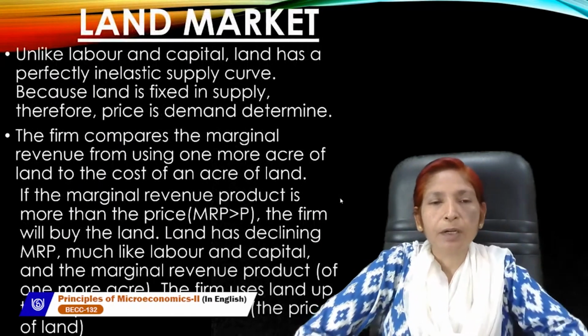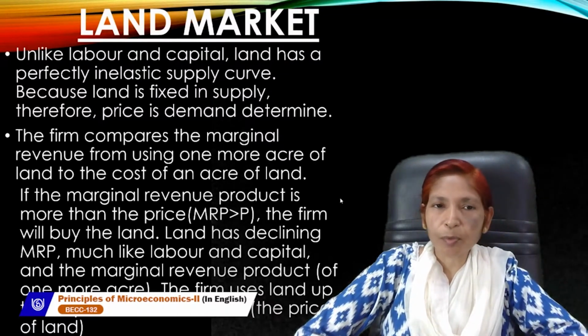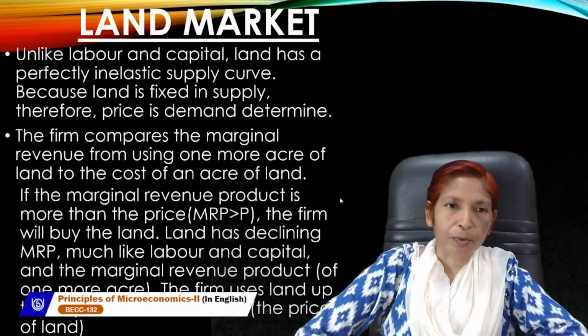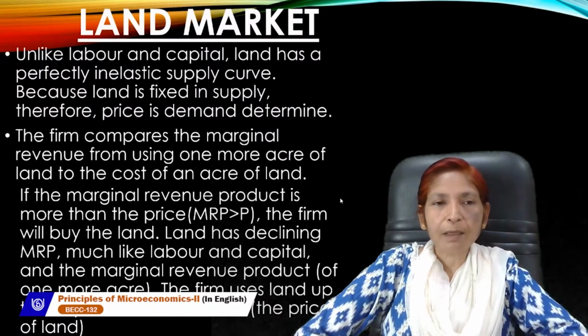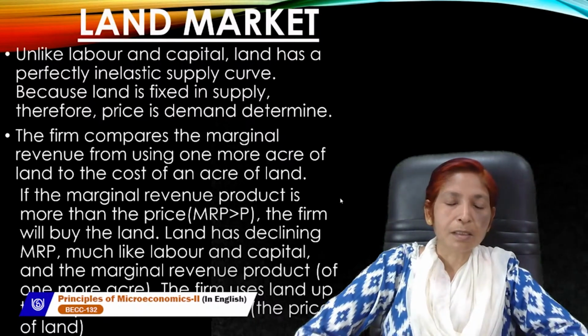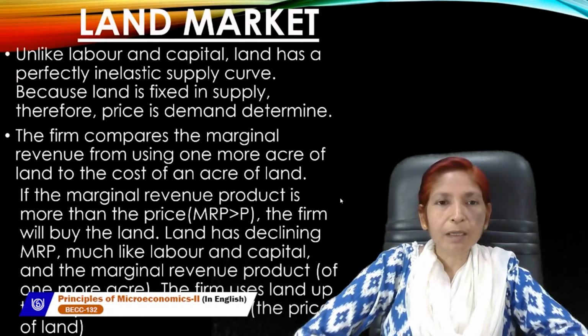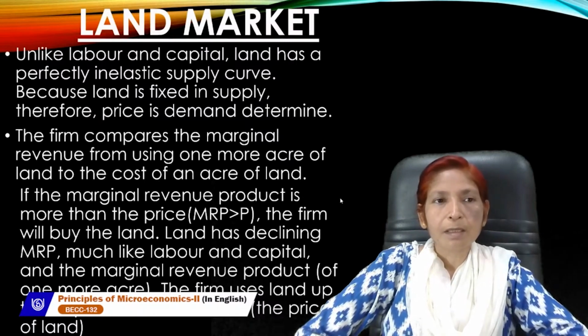We can individually determine the price of any factor of production. As we know, factors of production are four: land, labor, capital, and entrepreneur. Here we are determining the total factors of production price, but we can determine the factor price individually because, like the land market, the labor market is also available in our economy, and we can determine the factor price separately.